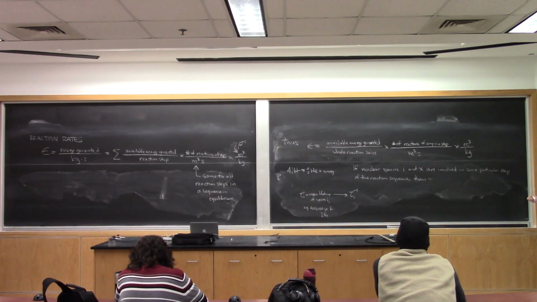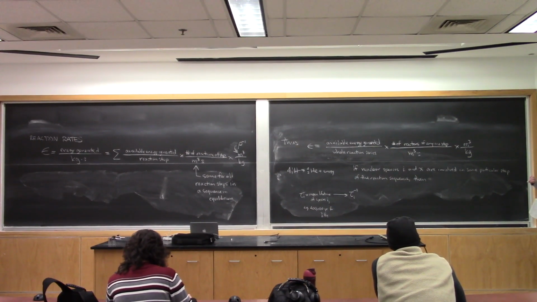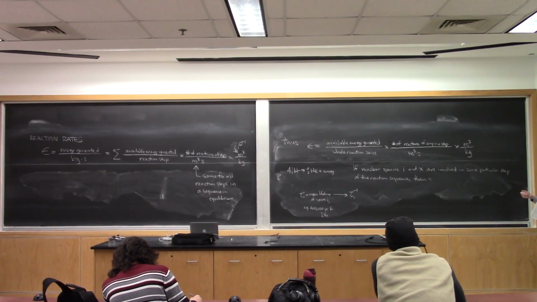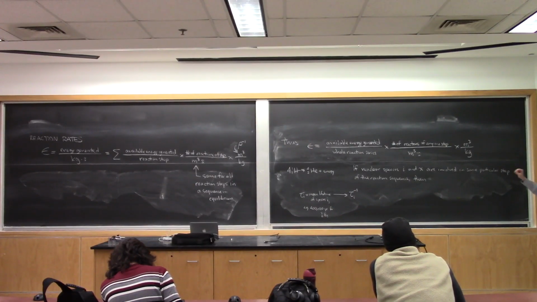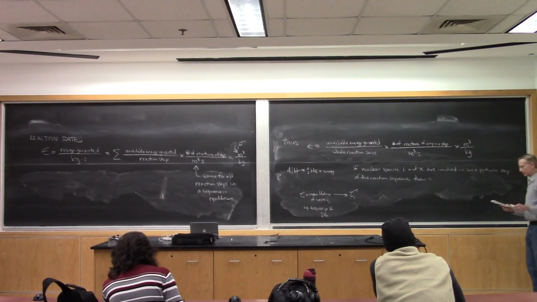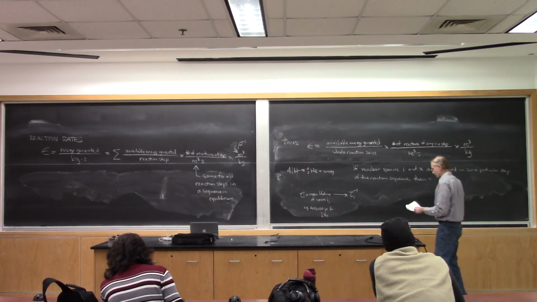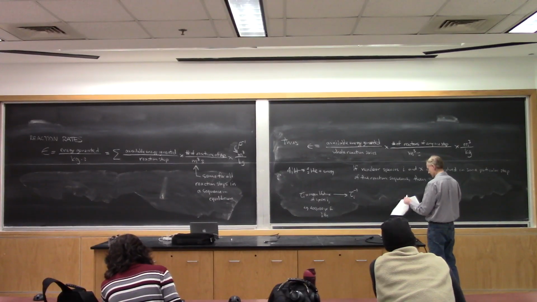And so a lifetime, how long a species lasts on average, the reciprocal of that would be how many reactions per second. In other words, the lifetime is how many seconds per reaction, so its reciprocal is the rate, the number of reactions per second for that species.